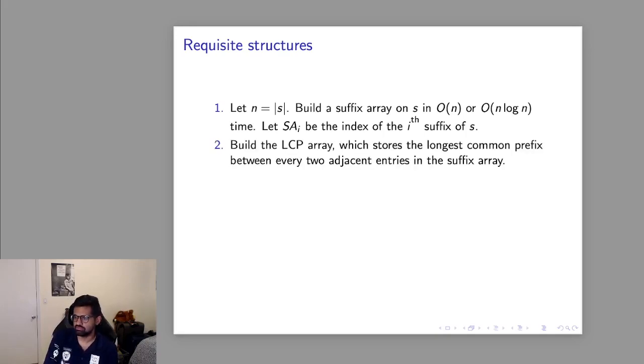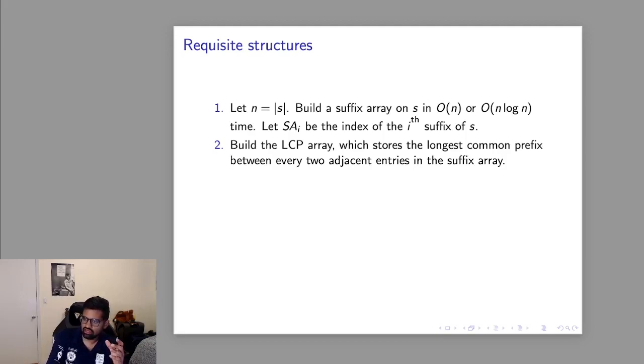Then we build the LCP array, which stores the longest common prefix between adjacent entries in the suffix array. Note that it's just the adjacent ones. In order to find the LCP between 2 arbitrary values, we need to take the minimum over all LCPs in between those 2 elements in the LCP array.